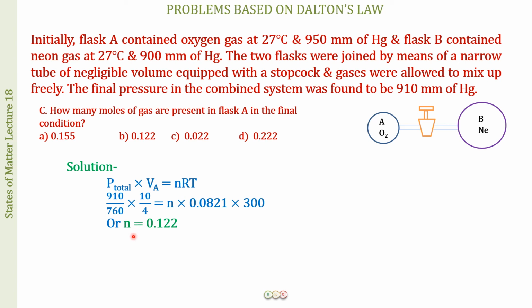So the value of n, that is the number of moles of gas present in flask A, is going to be 0.122, and the correct choice therefore is going to be the B choice, right? So I hope these questions are clear to you, how we are going to deal with such questions.